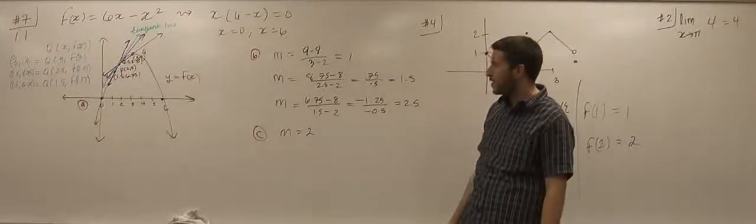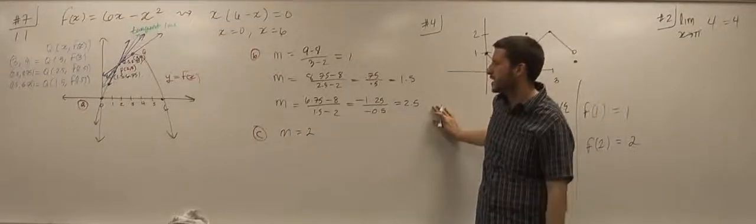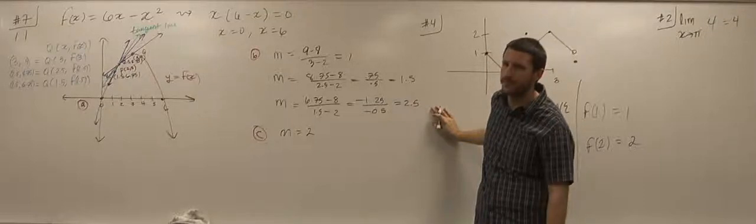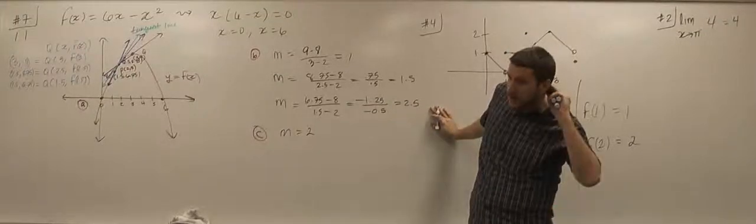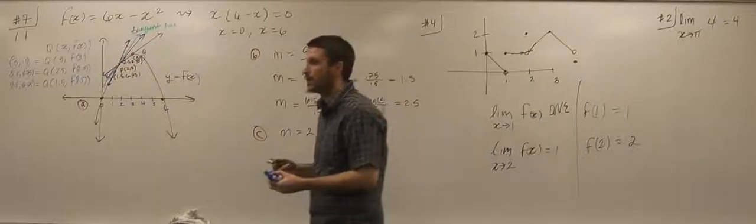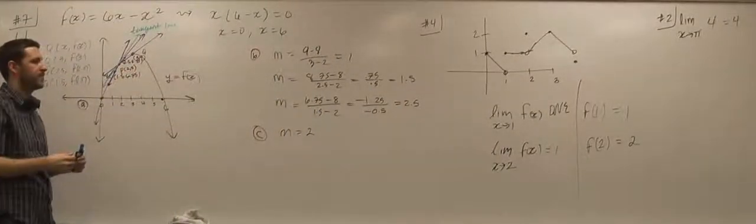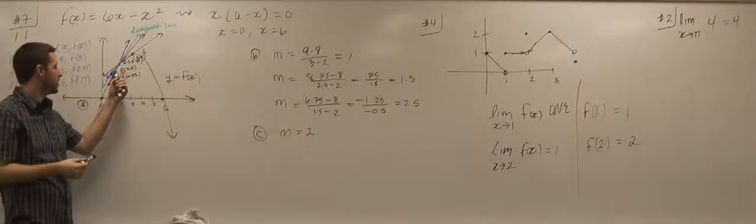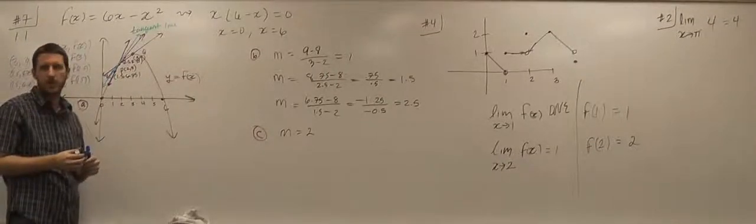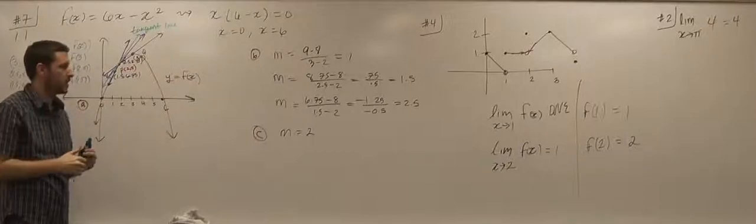If you wanted to do better, if you were not convinced that the slope of the tangent line is 2, what could you do? Pick a point closer to P. Right? We did 2.5 and we did 1.5, but those aren't actually very close to 2. You could get way closer to 2. You could do like 2.001 or something.